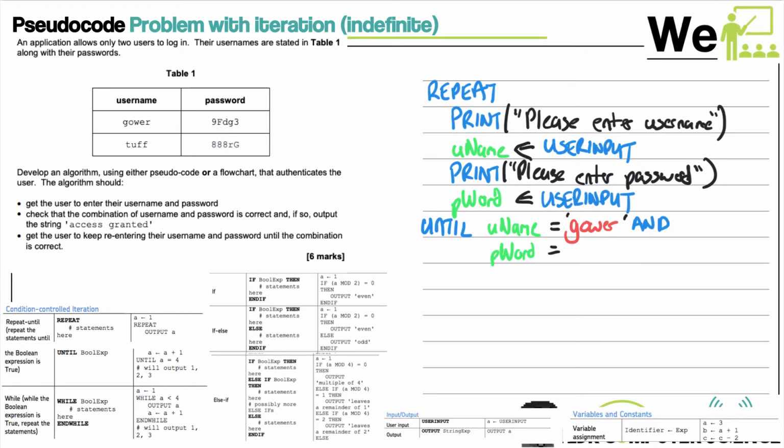So it's equal to, I'm putting these things here because I assume it's a string. So I have to write it. So 9F DG3. So it's this and this. And then what I would say is, inside parentheses, so it's that and that, or, and then I'd have to do the other combination it could be.